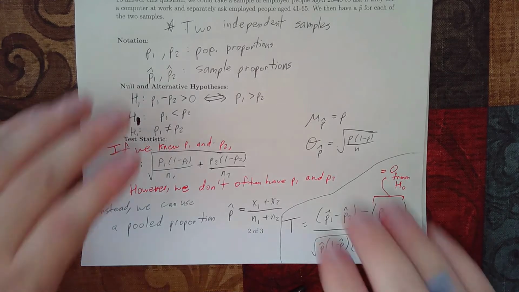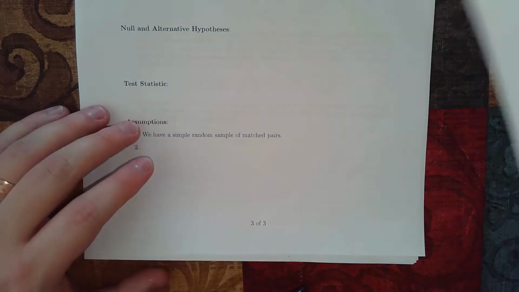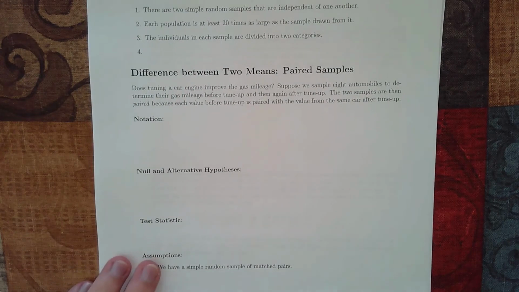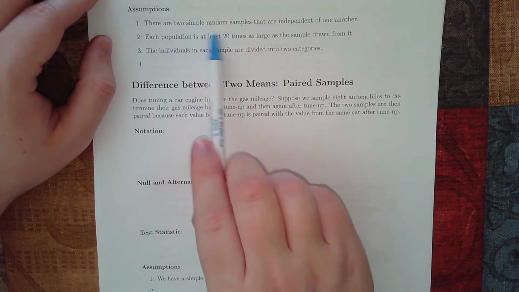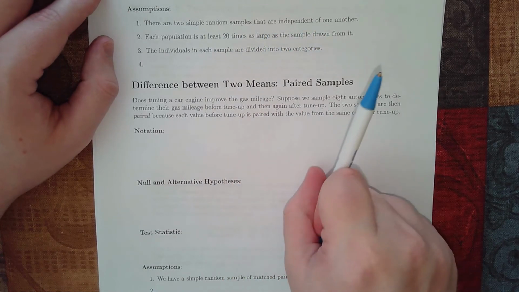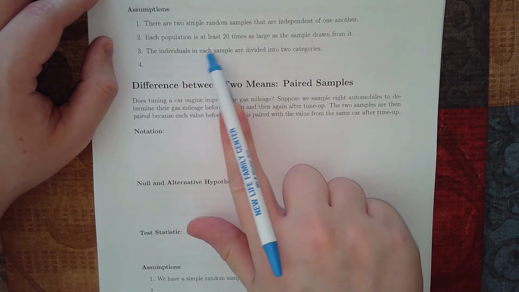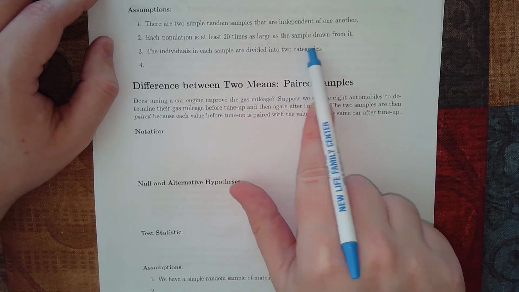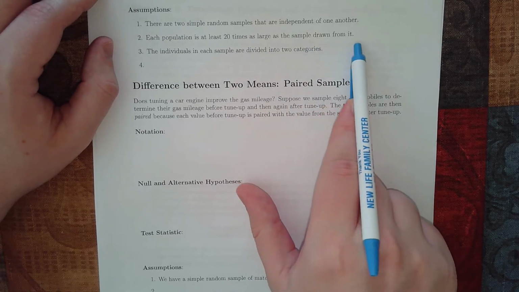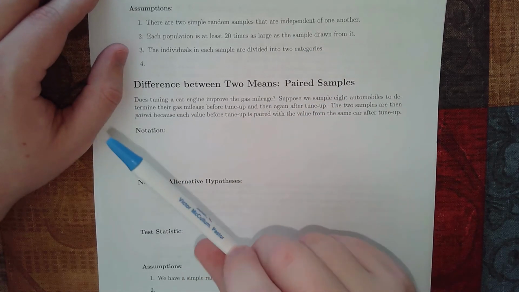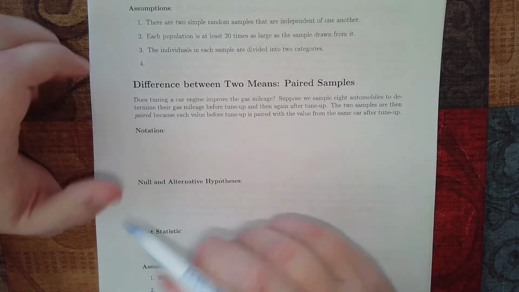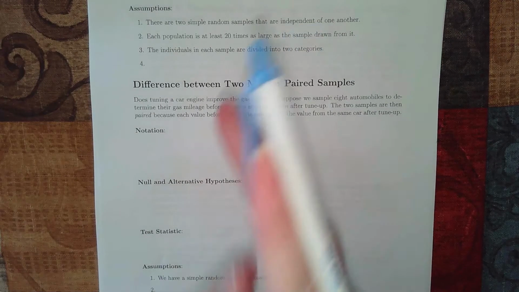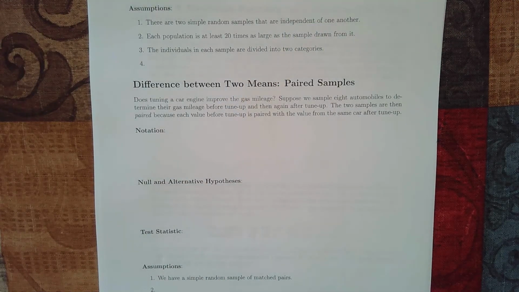Now, when we do this sort of test, there are some assumptions we're making. A lot of these assumptions probably won't be surprising. There are two simple random samples that are independent of one another that we're using. Each population is at least 20 times as large as the sample drawn from it, so we're using a small enough group of the population that we can make our assumptions about independence.